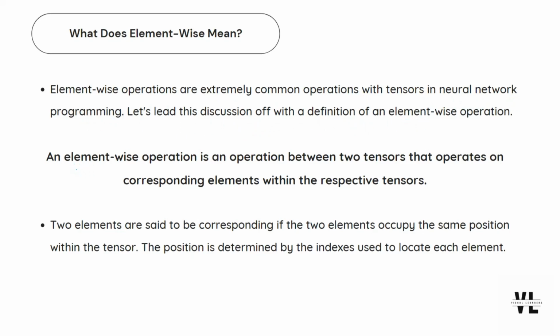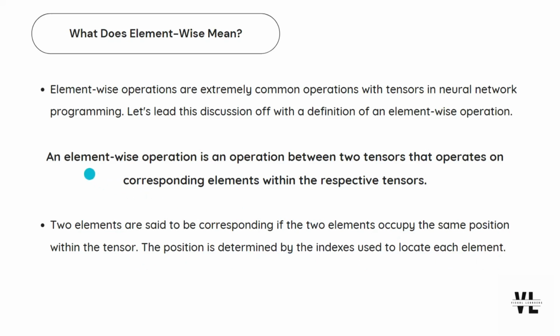An element-wise operation is an operation between two tensors that operates on corresponding elements within the respective tensors. These two elements are said to be corresponding if the two elements occupy the same position within the tensor. The position is determined by the indexes used to locate each element.